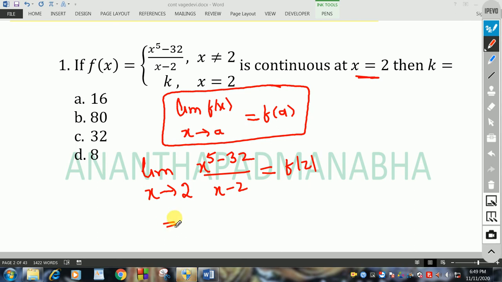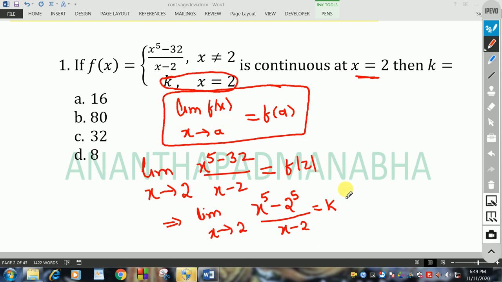So this implies we can rewrite this as limit as x tends to 2 of x to the power of 5 minus 32, which can be written as 2 to the power of 5, divided by x minus 2, which is equal to k. Here it is given at x is equal to 2, the value of the function is k.